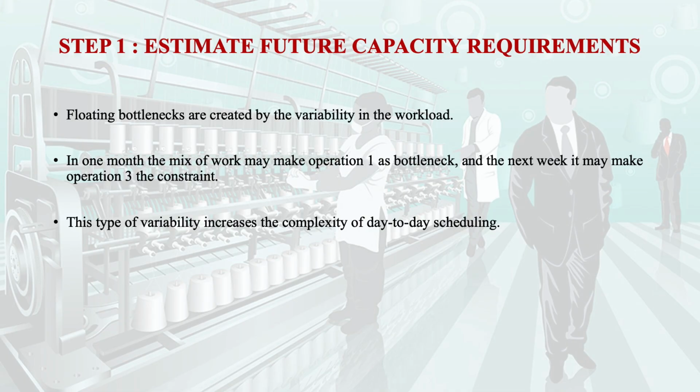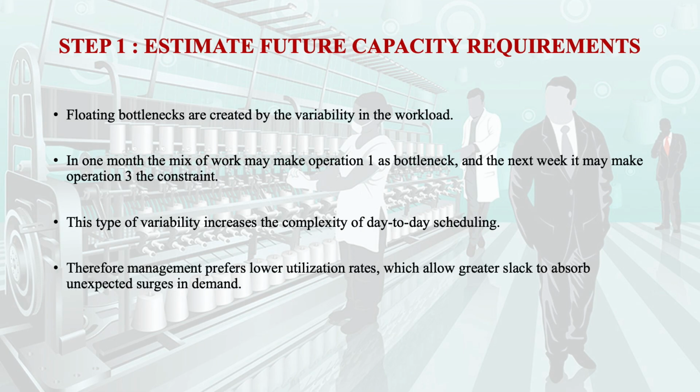Here you understand that even the bottleneck may change from one week to another week. This type of variability increases as the complexity of the day-to-day scheduling increases. Therefore, management prefers a lower utilization rate, which will allow greater slack to absorb an unexpected surge in demand.